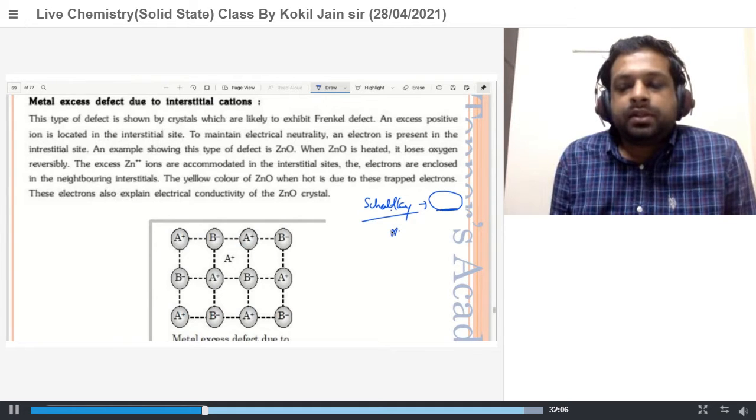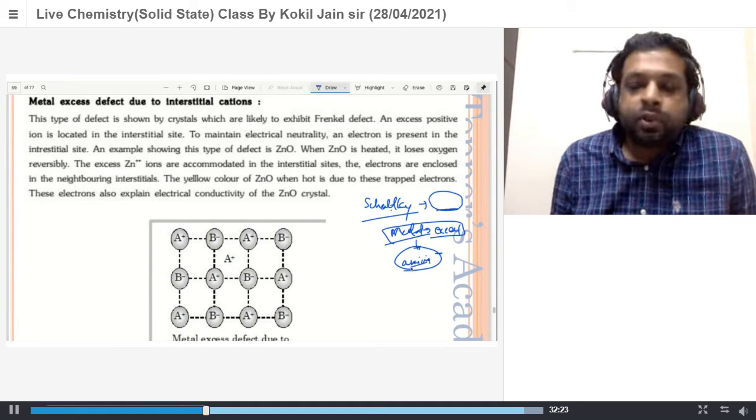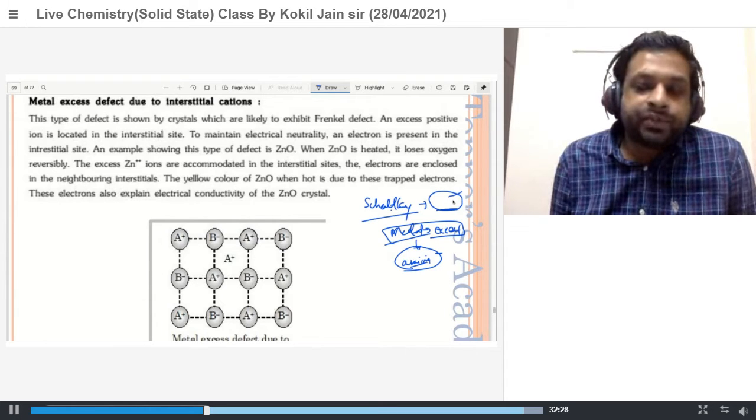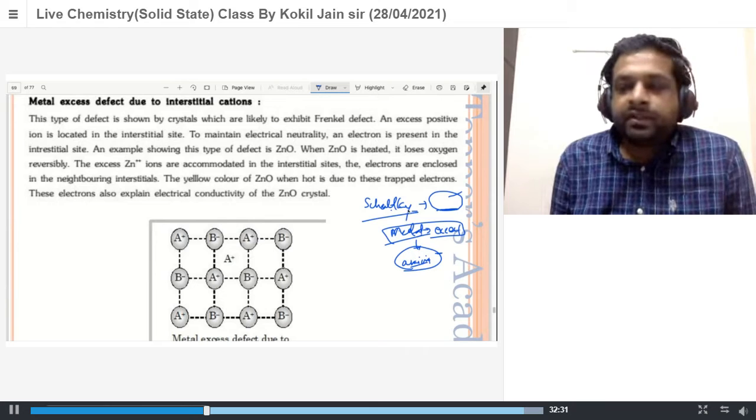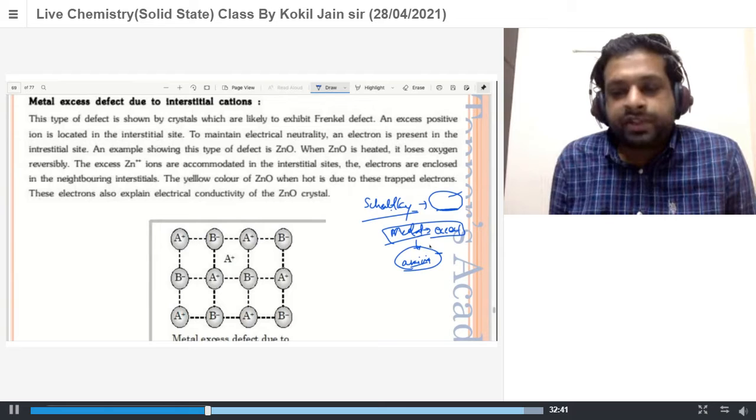Sorry, in the earlier case, the anion was absent. Now a hole was created because the overall ions were absent in the case of Schottky. Similarly, in this defect, metal excess defect due to anion vacancies, what is happening here is that your anion has gone out of this crystal here.